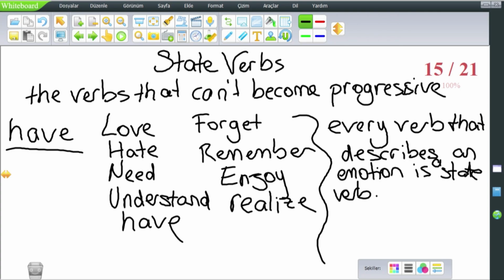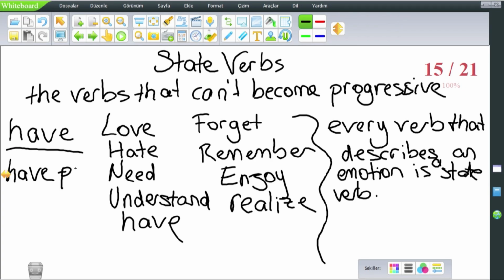When it gives the meaning of owning, it cannot get ing, it cannot be progressive, but when it is used and has the meaning of making, doing, it can get progressive.